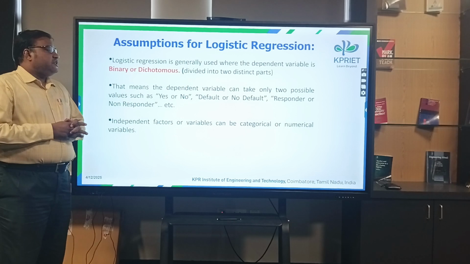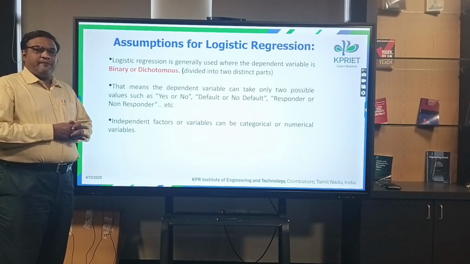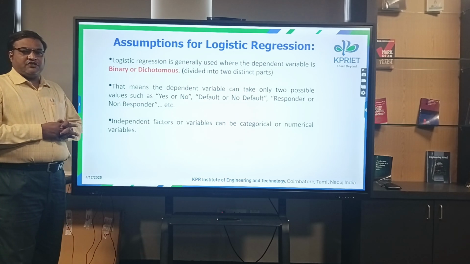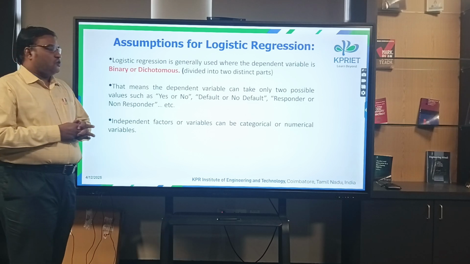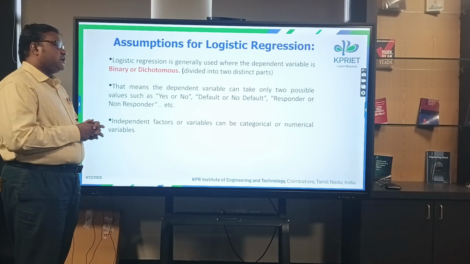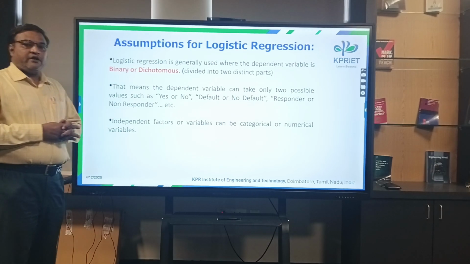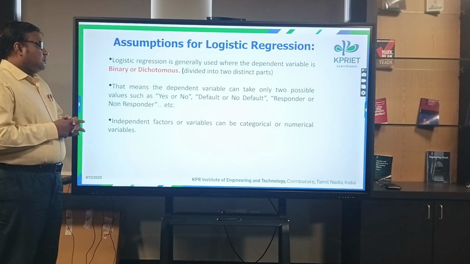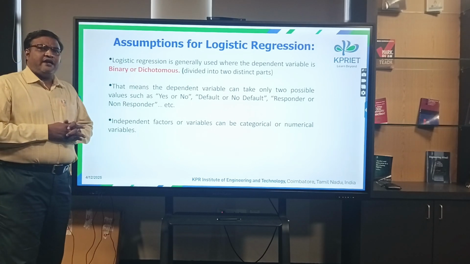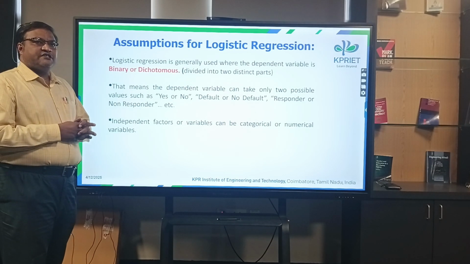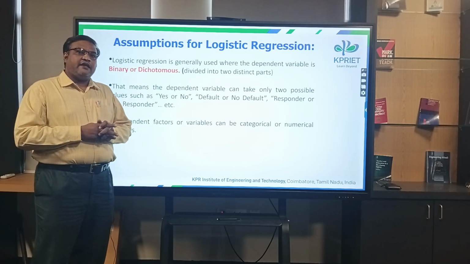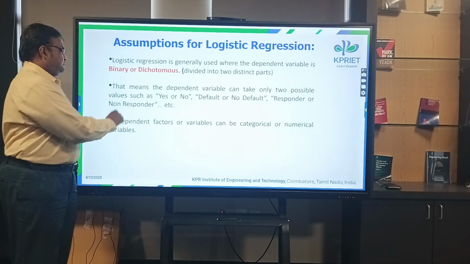Because it is a binary variable in nature, the classification will be yes or no, default or no default, responder or not responder, etc. The independent variables can be categorical or numerical values.